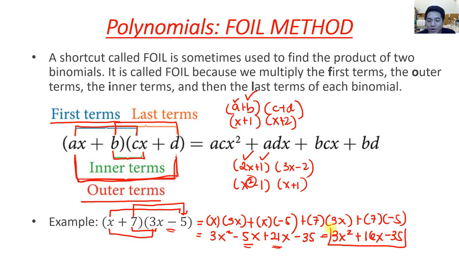So that will be your final answer for this FOIL problem. You can do this anytime we have two binomials being multiplied. Again, I repeat, only binomials that are being multiplied.